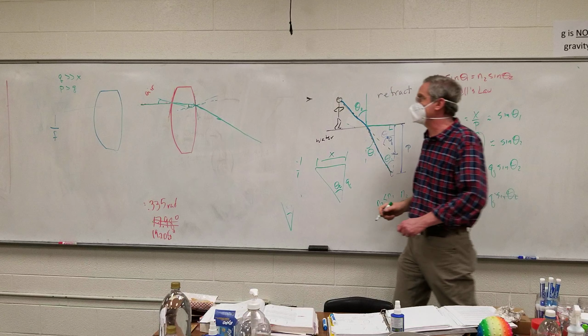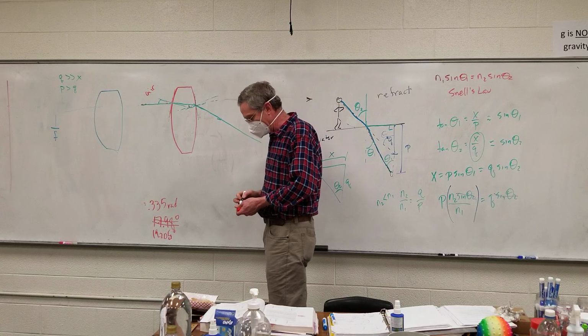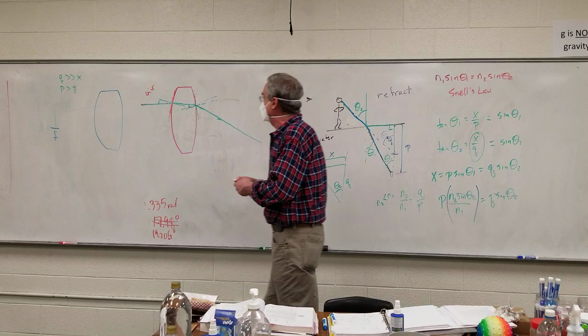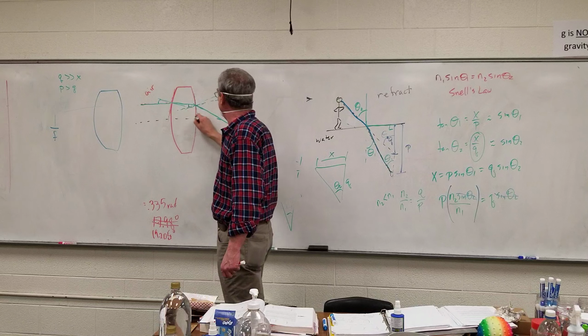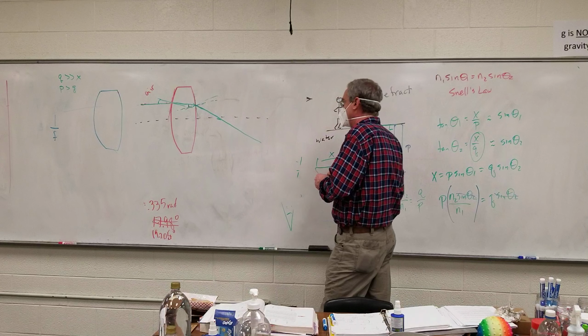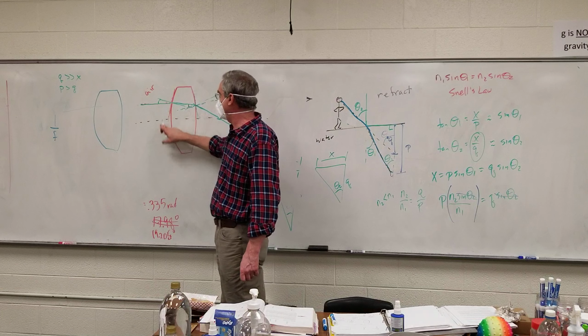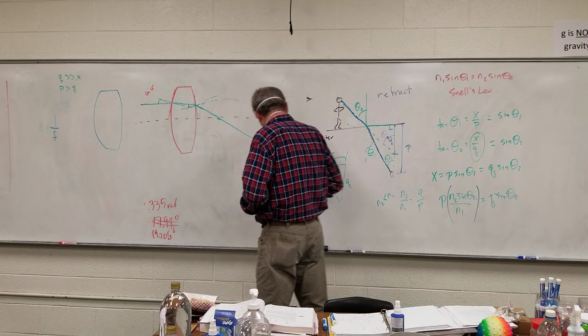If I've got symmetry about it, I'm going to attempt to draw some symmetry. Let's just establish a middle axis. Light comes in parallel, equal distance below the axis as above the axis.